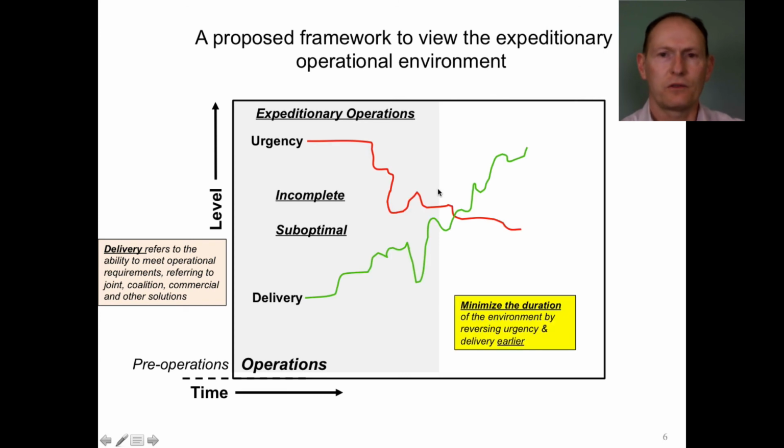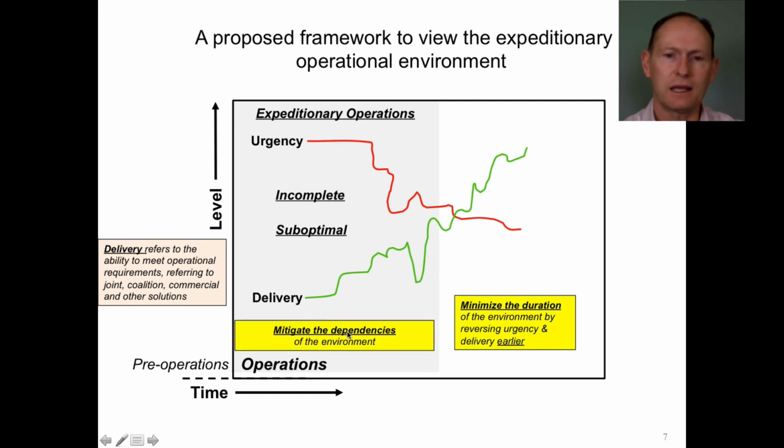So this is one thing we want to do, is minimize the duration that these two are at odds with each other. And we also want to mitigate the dependencies of the environment, these vulnerabilities here. So that means that the forces and the elements that are in this environment, while these two are still at odds with each other, we want to enable them the ability to be more independent and interdependent.